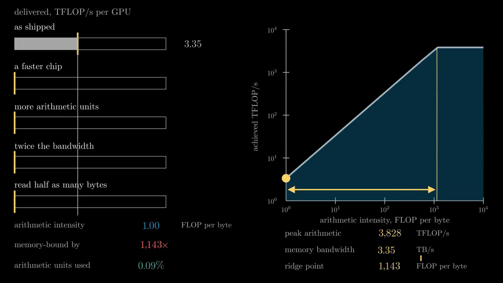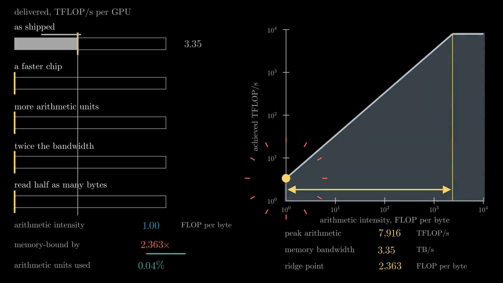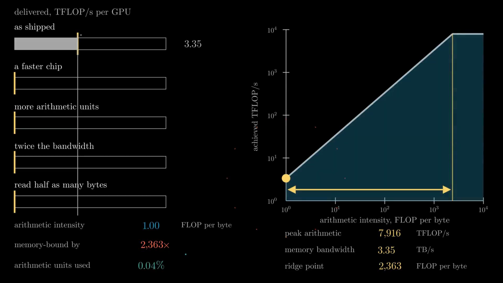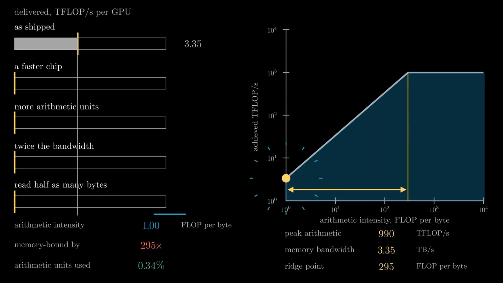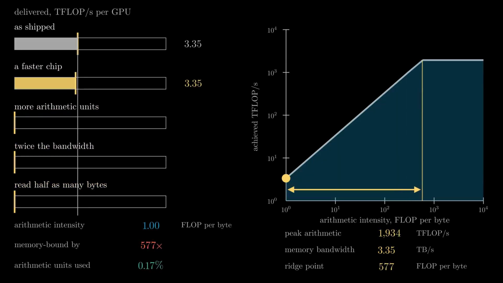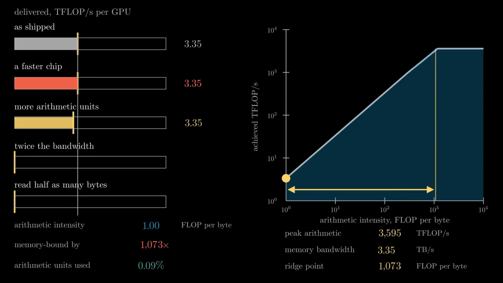Arithmetic has been getting cheaper faster than memory bandwidth has been getting cheaper for about 40 years now. So the ratio between the two keeps widening, and every new generation of hardware pushes the corner on that roofline further to the right.